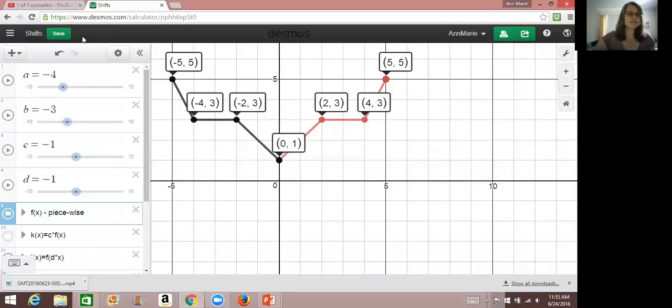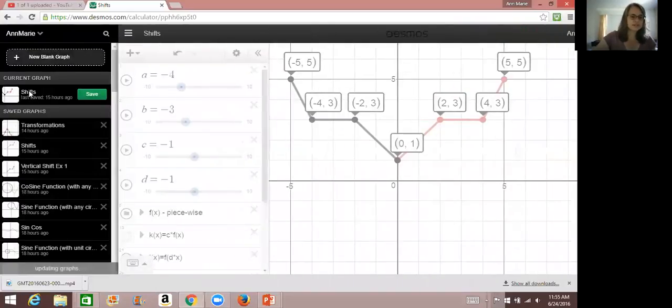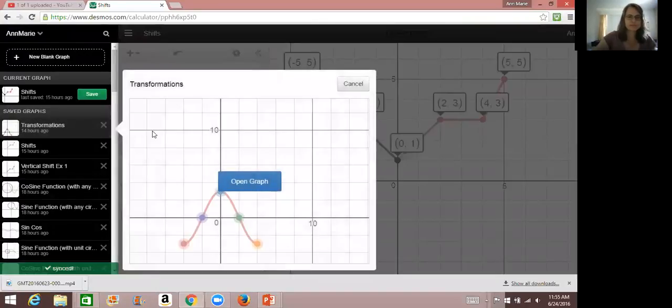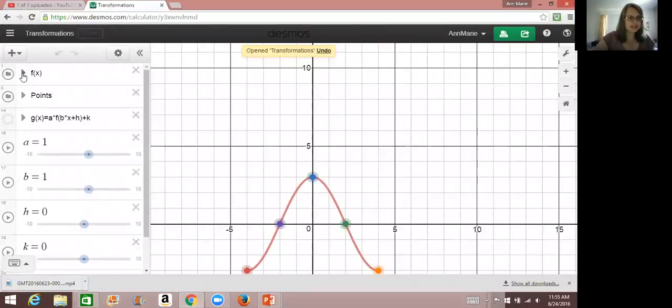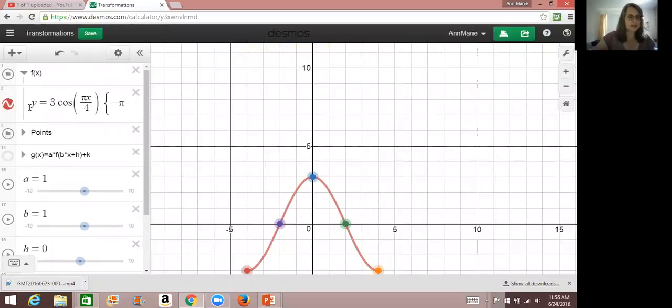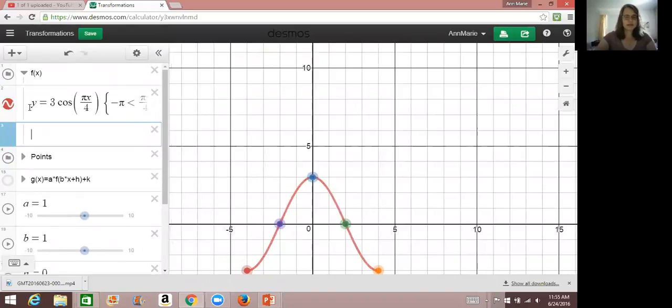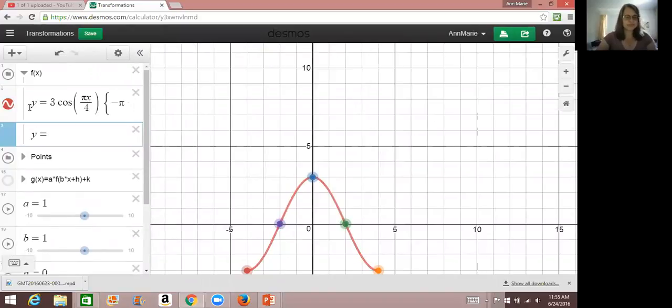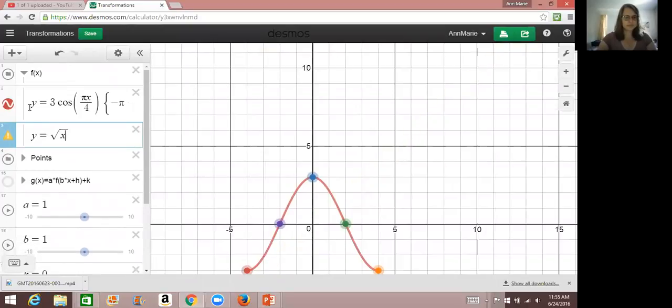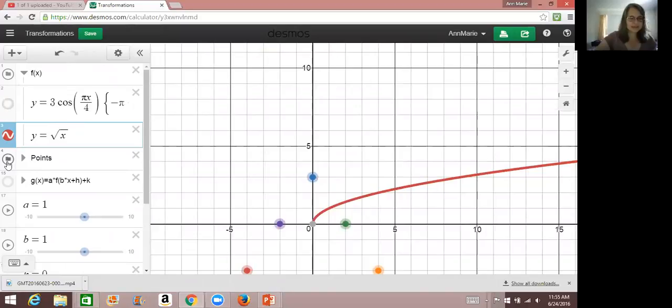Let me open up a different Desmos tool here. Give me just a second to do a little work. We're going to use square root. We'll come back to that other one.